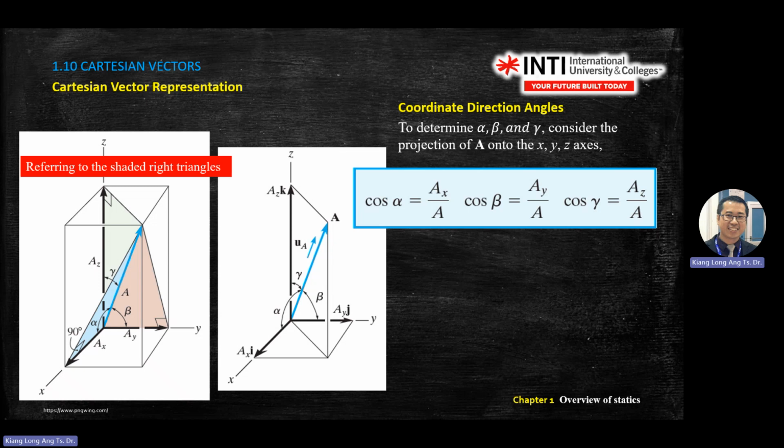It's 90 degrees. This is AX. Then this is your gamma, here is alpha, and this is your A resultant.